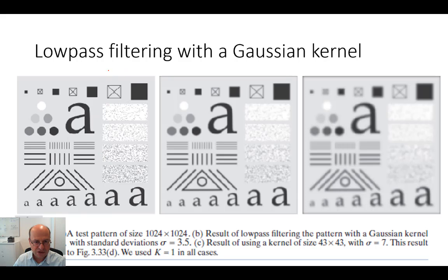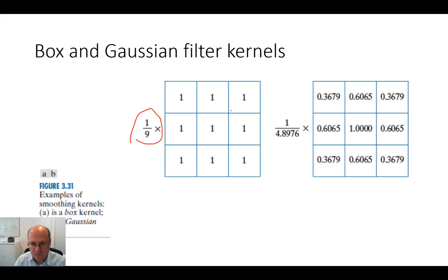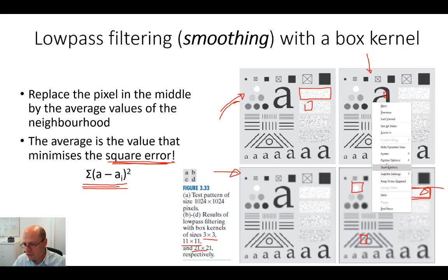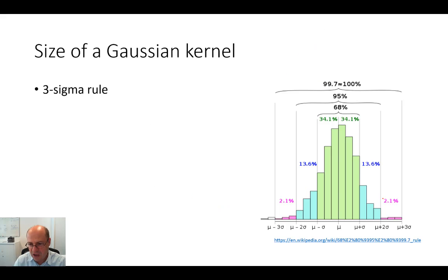So applying a low-pass filtering with a Gaussian kernel, we get this smoothing effect. This is the original image. This is the result with a Gaussian kernel of 21 by 21. You see the effect here. We got rid of the noise, but we also got rid of sharp edges.